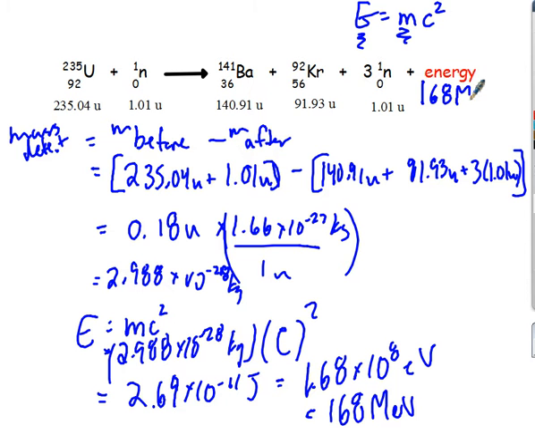And it's directly related to that mass defect, because according to Einstein, mass and energy are interchangeable. So in this situation, that mass defect, the mass that is missing from before and after, has been converted into energy and given off as energy. And that's where that energy comes from in nuclear reactions.